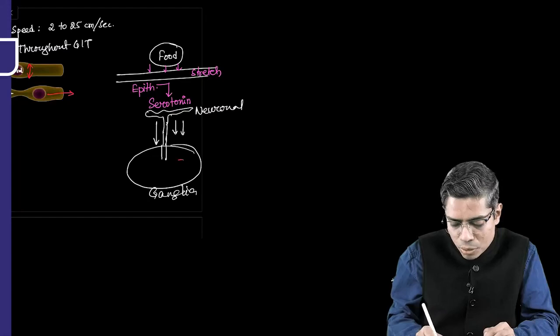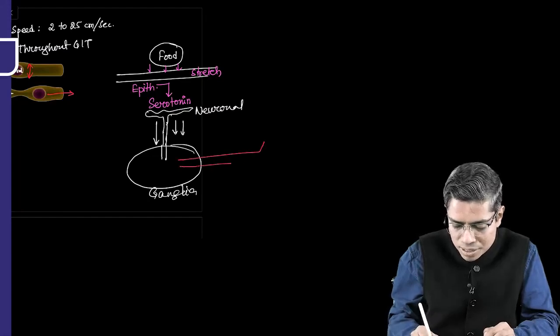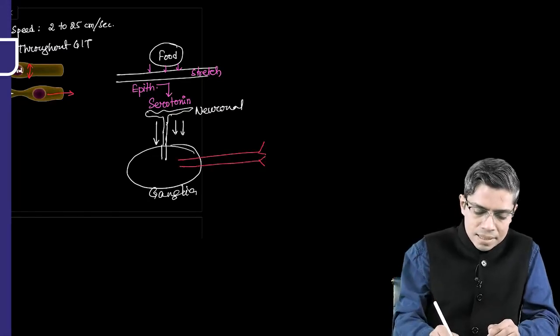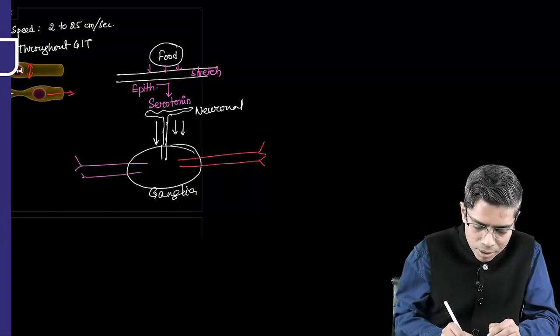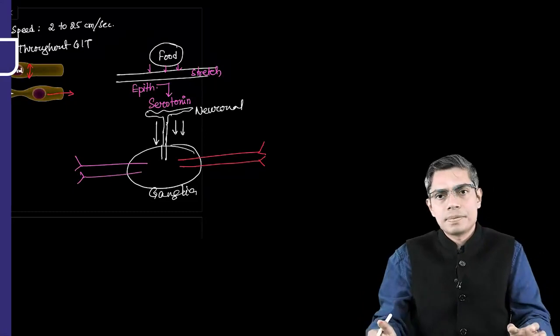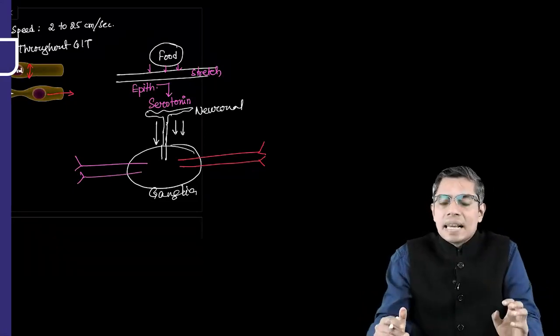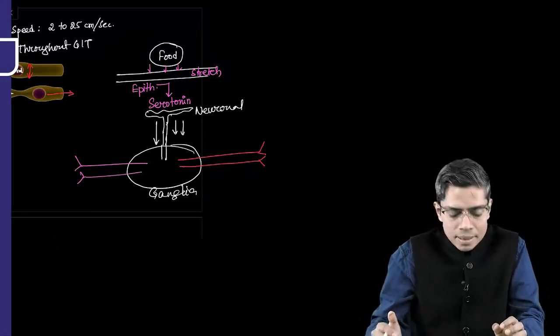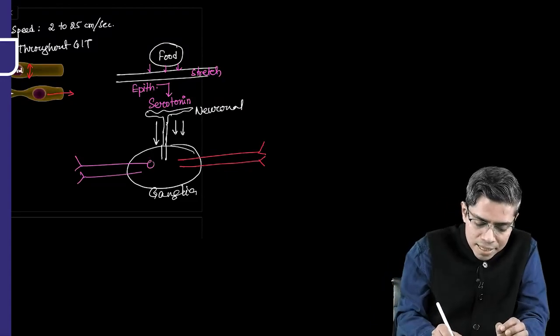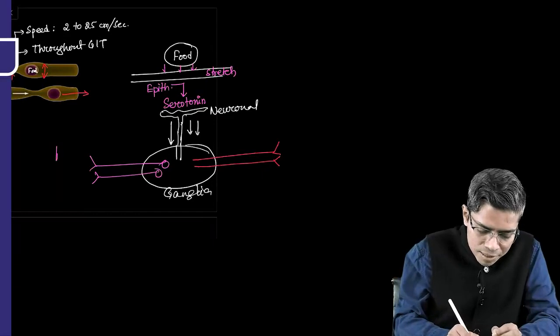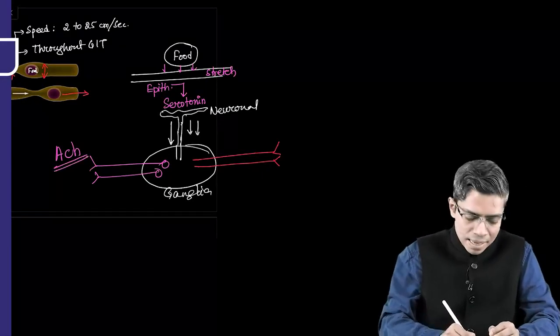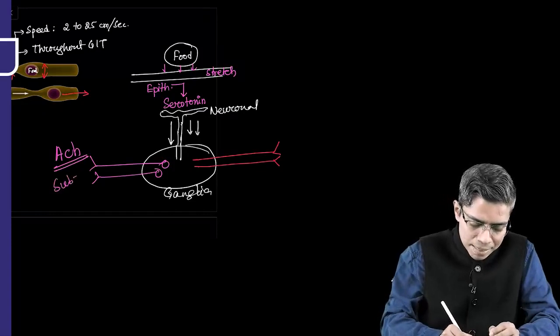Certain signals will go towards the distal part of the GIT, and certain signals will go towards the proximal part of the GIT through the neurons. Now the GIT neurons are arranged in such a way that the neurons which are excited towards the proximal end of the GIT are going to secrete neurotransmitters, which are nothing but acetylcholine and substance P, right?